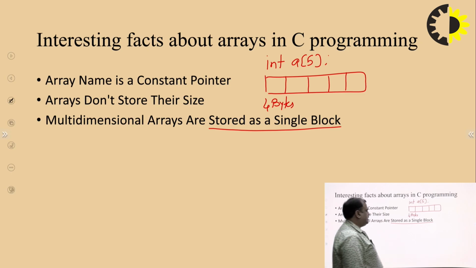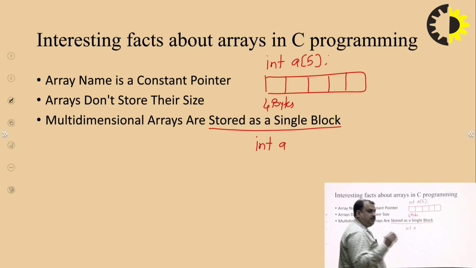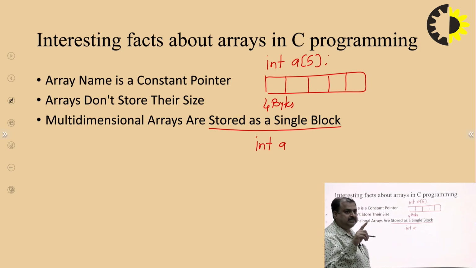But in case of multi-dimensional arrays, I have told in part 1 that arrays can be of single dimension or multi-dimension. Multi-dimension means there may be 2-dimensional arrays, there may be 3-dimensional arrays, and the dimensionality can be checked with the number of subscripts that I have already discussed in the part 1 lecture.